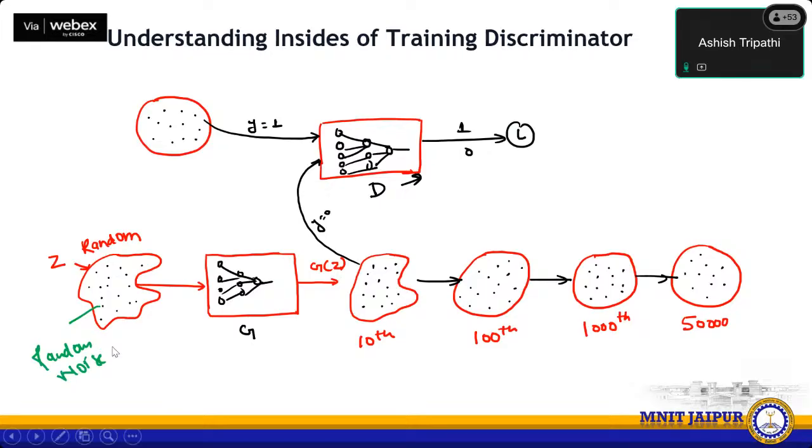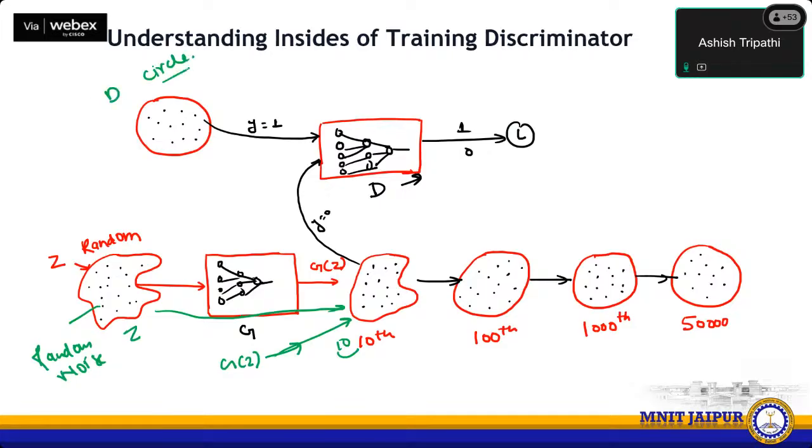What I have already told you, the task of the generator G is to convert this random noise into some other probability distribution. So, for example, after 10 epochs, this G has converted this probability distribution Z into this format. And what is the real probability distribution? That is capital D. This is circular form.